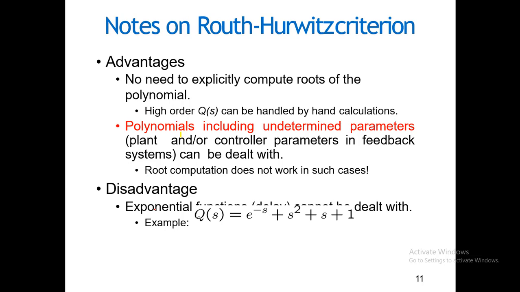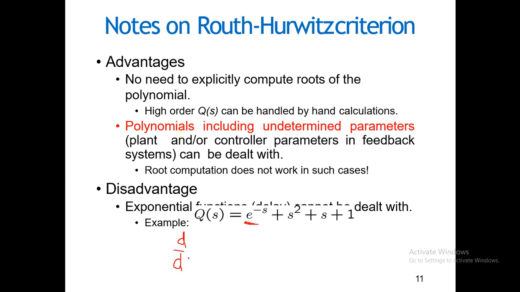And the disadvantage of this is basically exponential functions. Because of that, you have to deal with delay. Whenever there comes an exponential function, you have some complexity problem, because you know that the derivative of an exponential turns out to be the exponential itself.